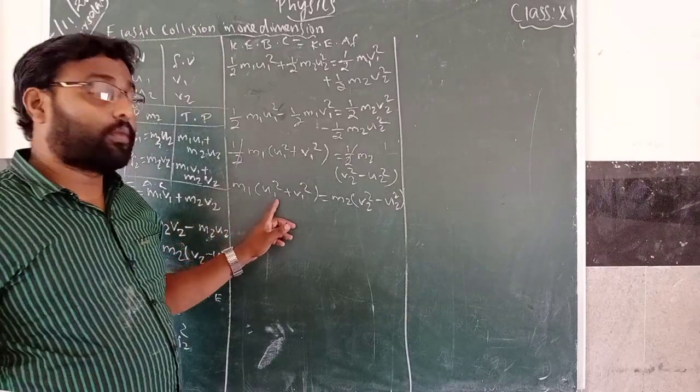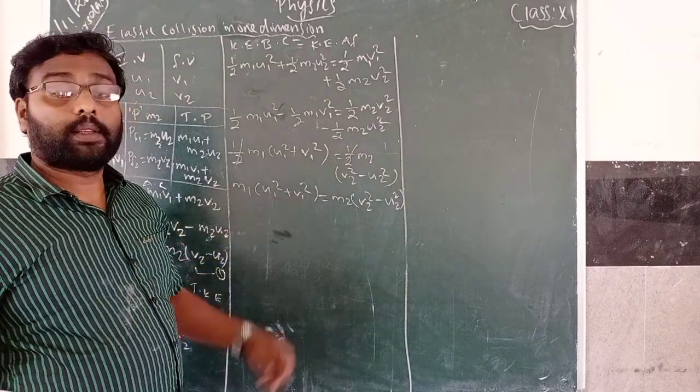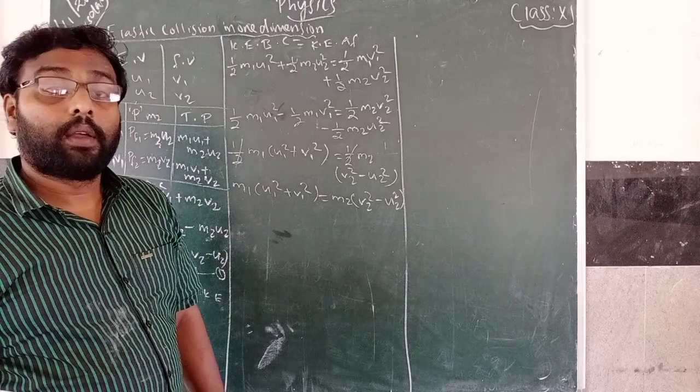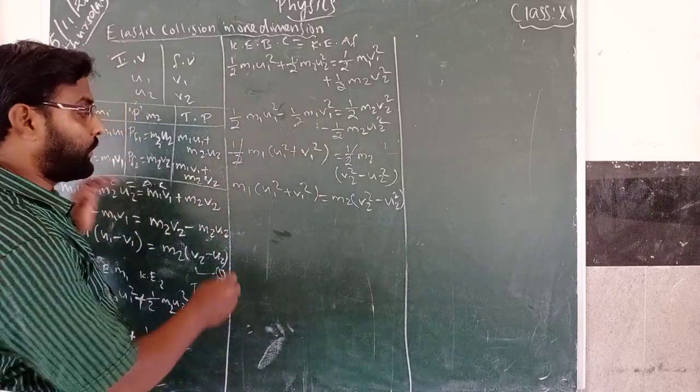Now you know this is in the format a square minus b square. A square minus b square means what? A plus b into a minus b.